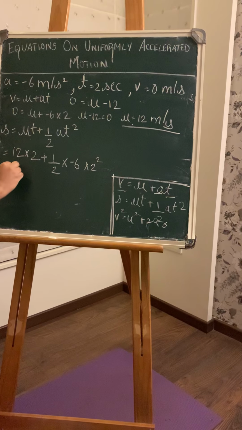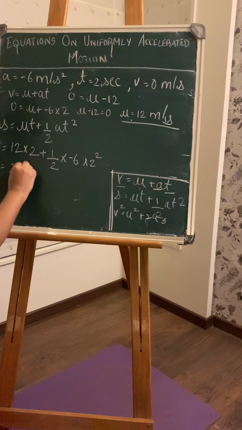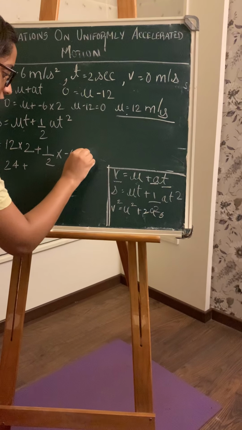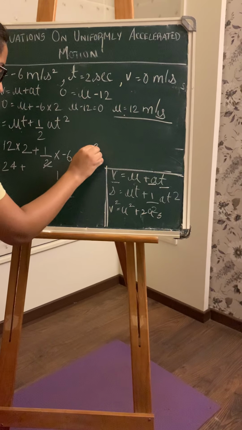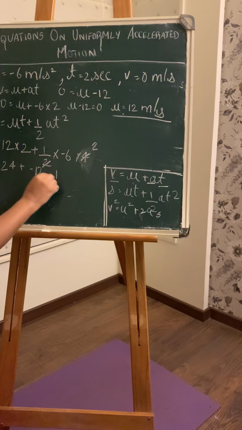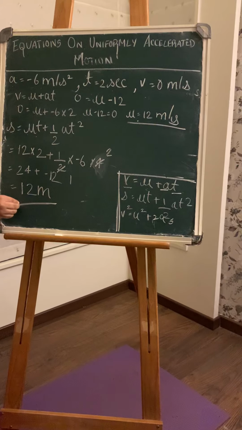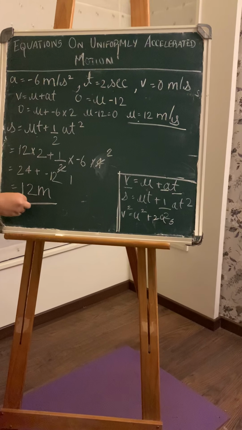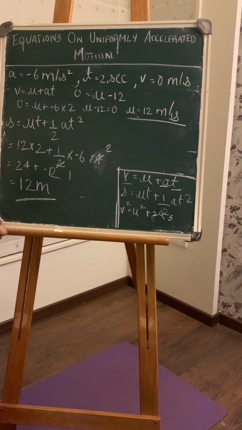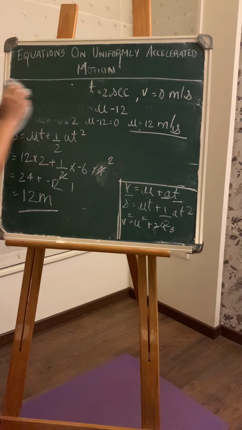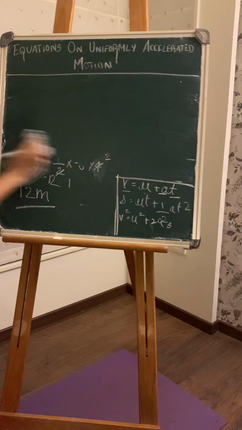Okay, so we have 12 into 2 is 24, plus, let's just write this as 4, 2 twos are 4, minus 12. We have 12 meters. So the distance traveled by the car before it completely comes to rest is 12 meters. So that's our second numerical. One last numerical and then we are done.